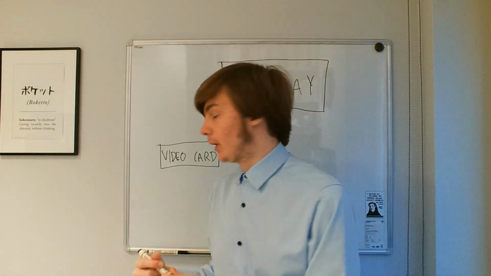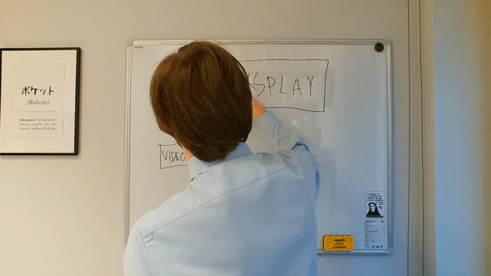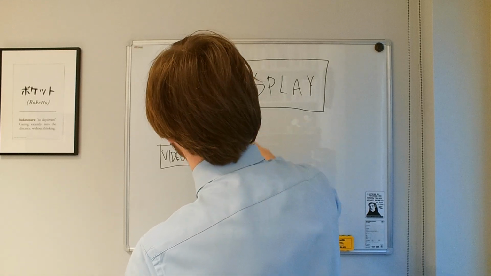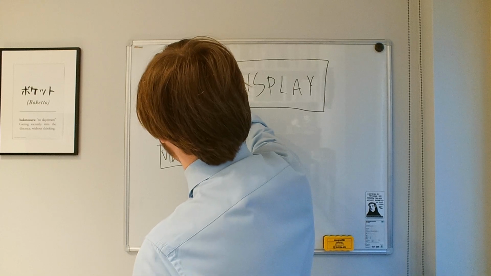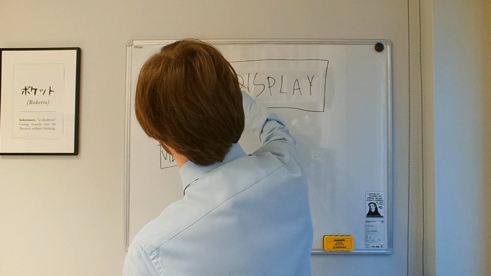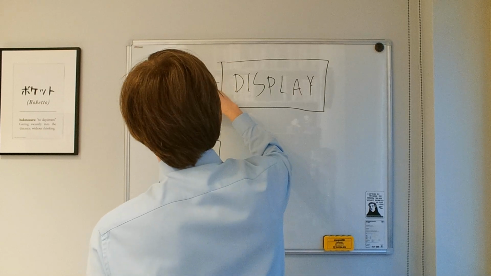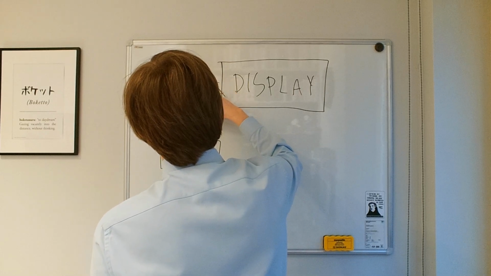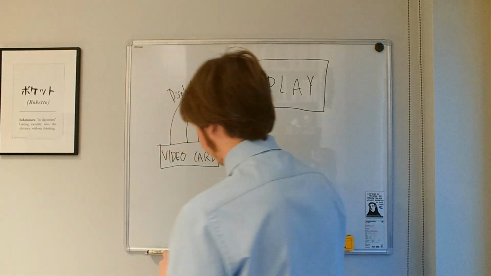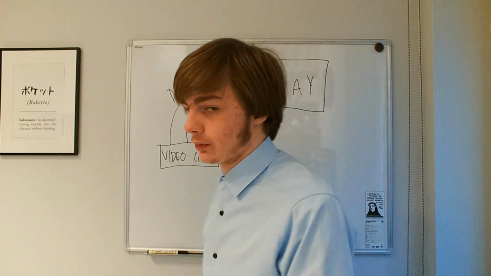So you have this display, and you obviously have some video interface through which your display and your video card are connected. So I think that the ones I mentioned in my previous video were DisplayPort, HDMI, or VGA.